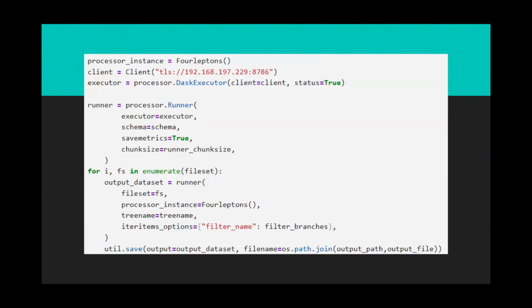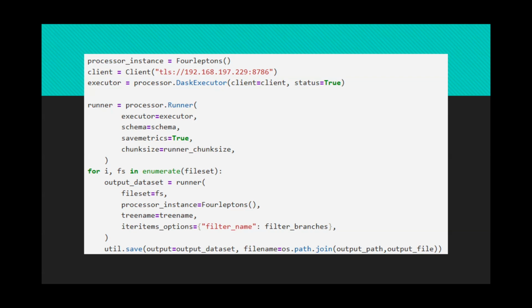So I also included some code excerpts from what I did. This is the code running on this cluster, and it creates an instance of my analysis processor, which is for 4-leptons. Then it connects to a Dask cluster, creates a Coffea Dask executor, and initializes a Coffea runner, which then loops over datasets in the fileset and saves the results.